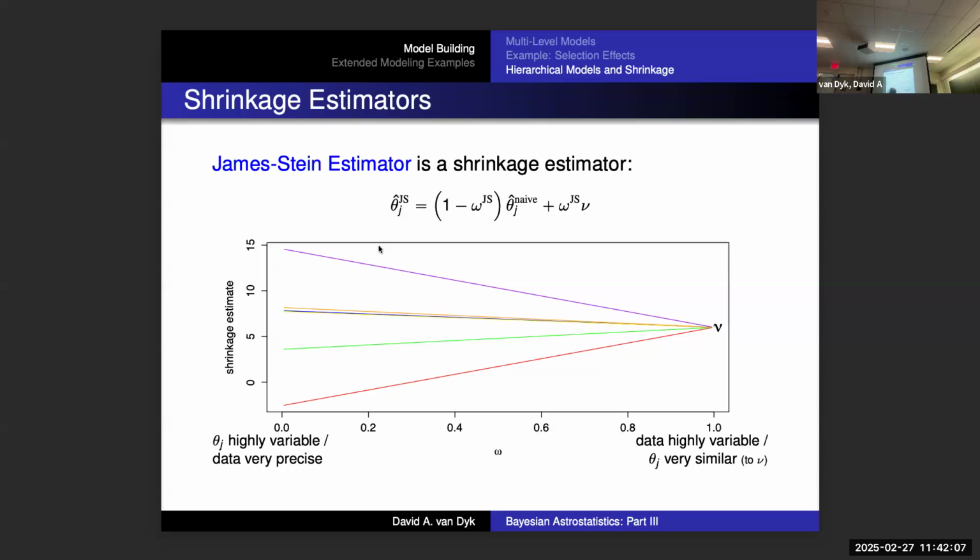We're going to be over here if the individual estimators are precise, so sigma squared over n is small, or the estimands, the thetas, are very different, that is, if tau squared is big. And I'm going to be over here if the individual estimators are really noisy, or I know the true values of the parameters are very close to nu.